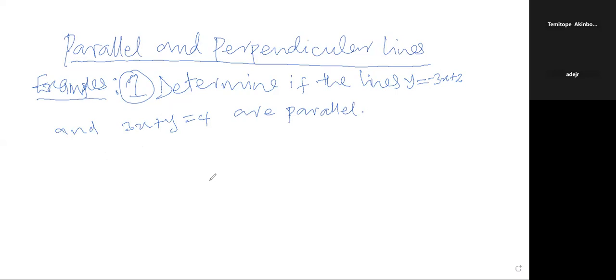Determine if the lines y equals minus 3x plus 2 and 3x plus y equals 4 are parallel.